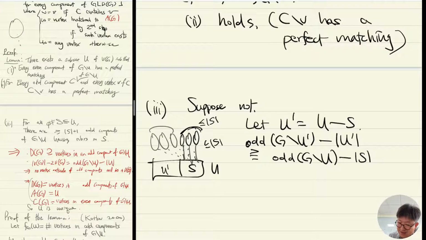So the number of odd components is at least this, minus U prime, and then what is this?